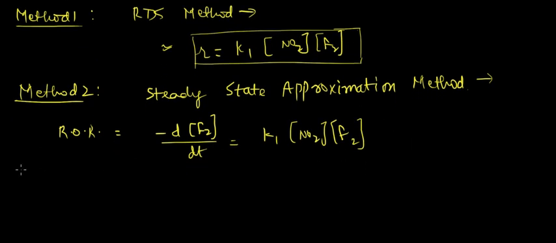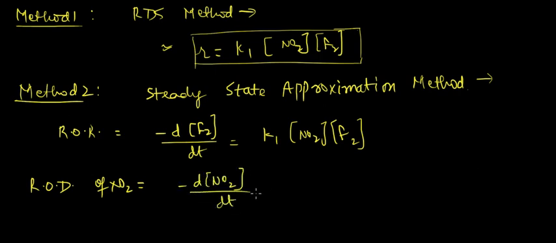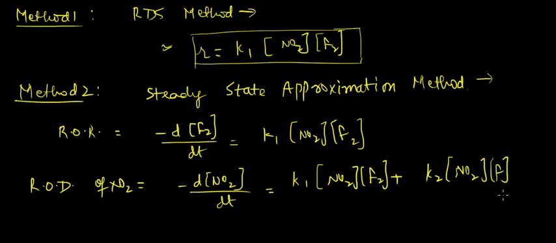And the rate of dissociation of NO2 can be written as minus d of NO2 upon dt, which is equal to K1 times NO2 F2, which is from the first step, and K2 times NO2 F, which is from the second step.